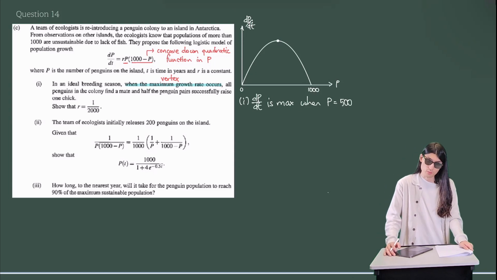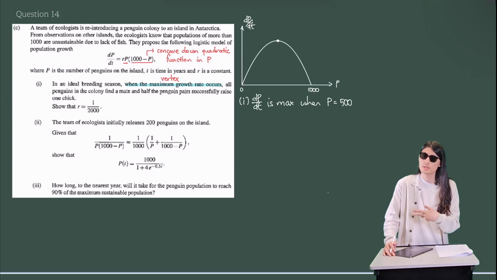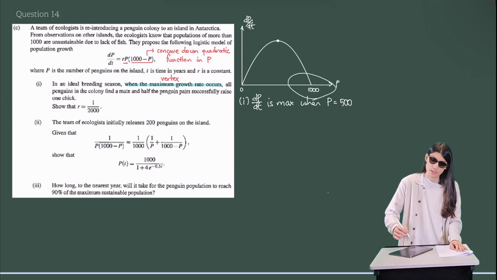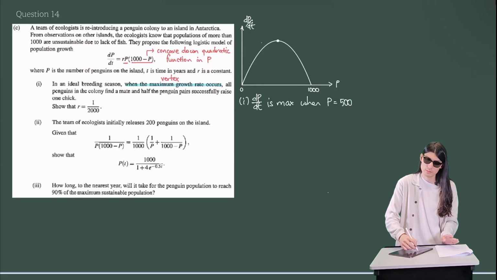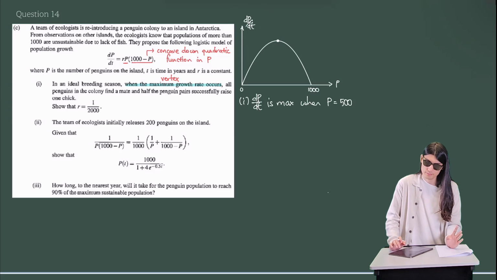And yeah, let me emphasize once again, guys, that is a characteristic of all logistic equations. Of course, depending on the logistic equation you get in your exam, the values for the zeros may be different, but yes, the maximum growth rate, maximum dP/dt, occurs at the vertex then. Okay. And in this particular example, it occurs when P is equal to 500, like I just pointed out.